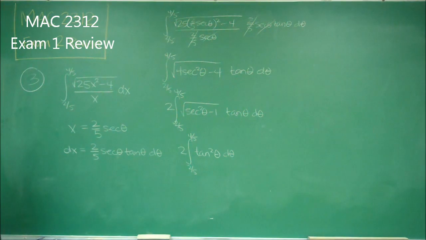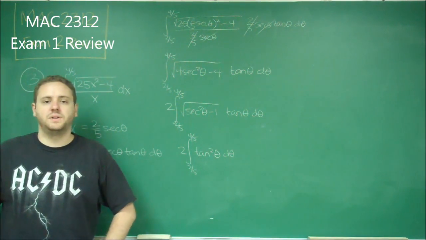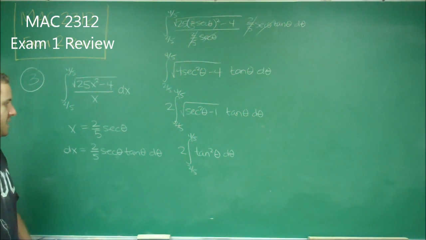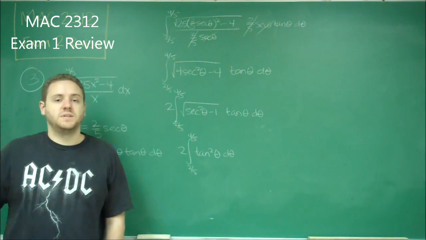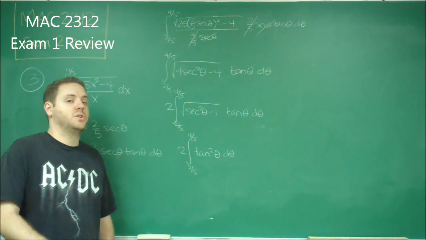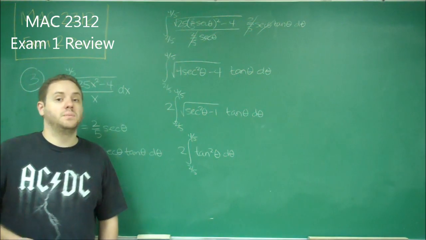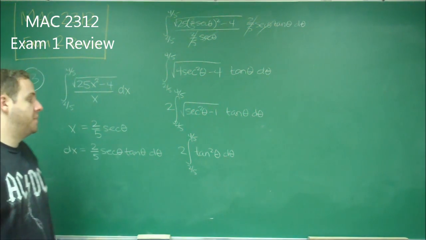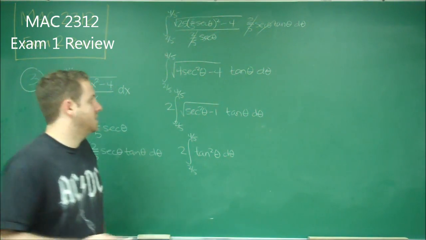Now what this boiled down to is we're really just integrating tangent squared. To integrate tangent squared, you actually want to convert it by the Pythagorean identity back to secant squared minus 1, because secant squared is a much easier integral to do.